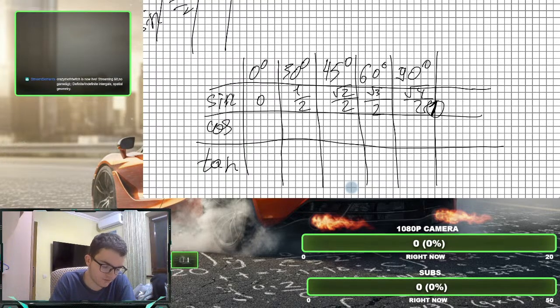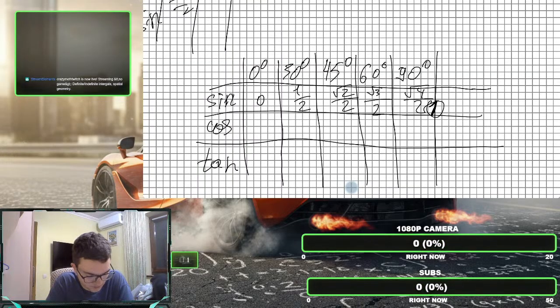Okay, now in terms of the cos values, starts off with 1, then square root of 3 divided by 2, then square root of 2 divided by 2, then 1 divided by 2, then 0.